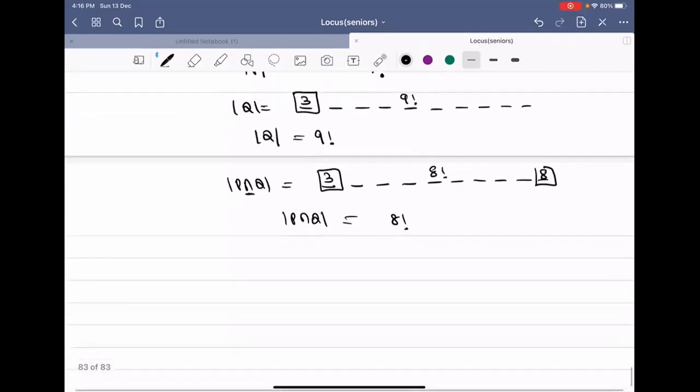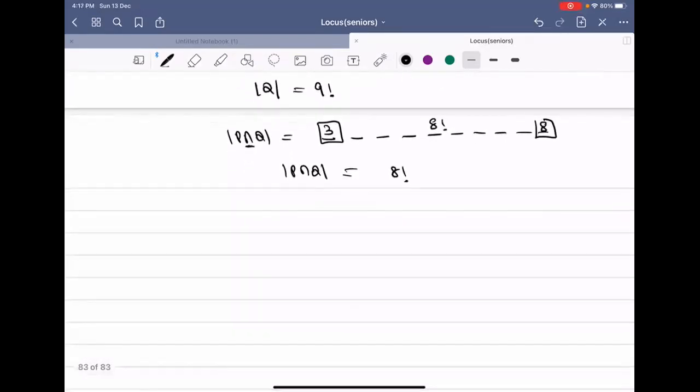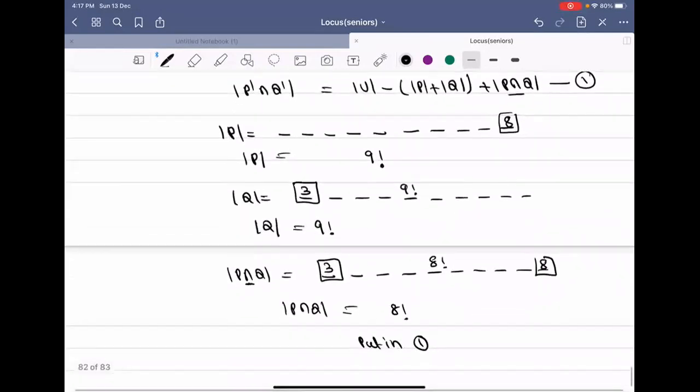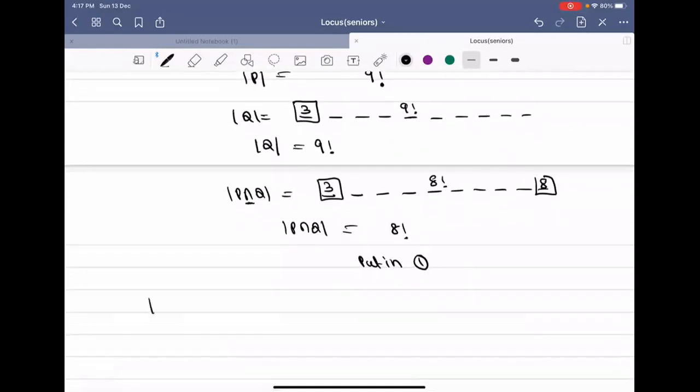So now our question is to put these things in the formula. P prime intersection Q prime, that is nothing but does not begin with 3, does not end with 8. P prime intersection Q prime is equal to the universal set.